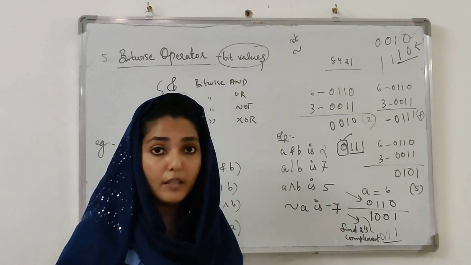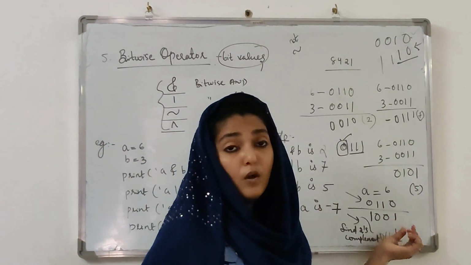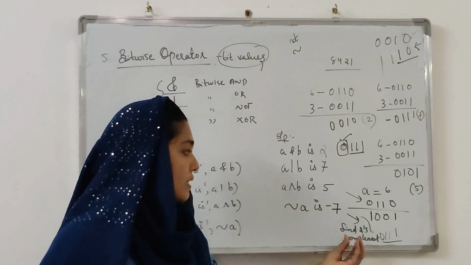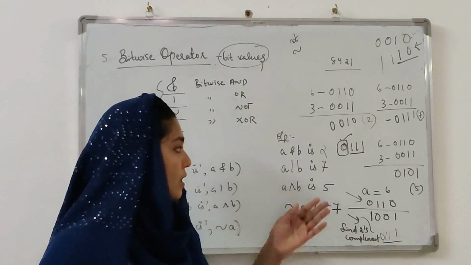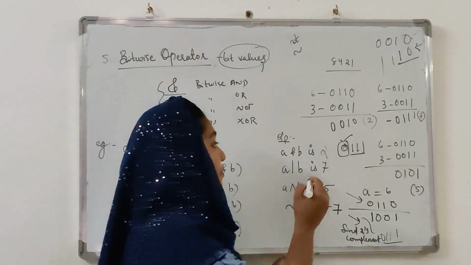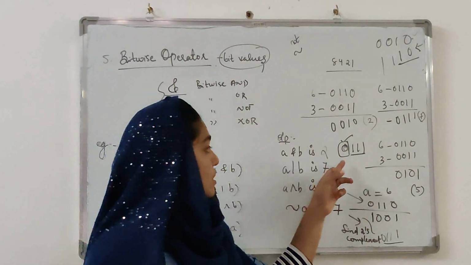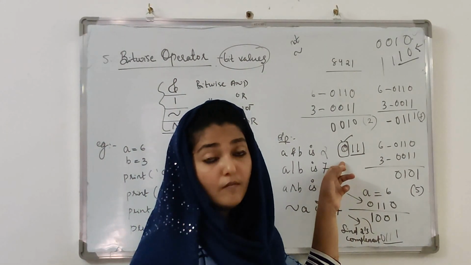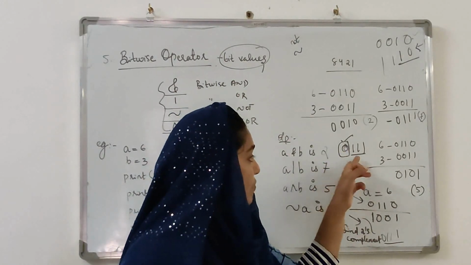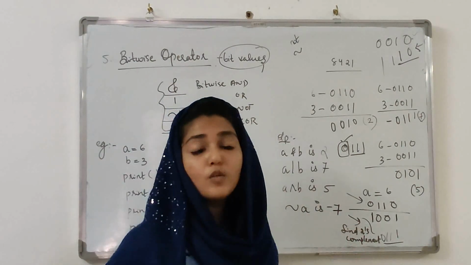In our binary number, copy up to the first one and then complement the remaining bits. Then we will get the 2's complement. So what is our final output? 0, 1, 1, 1. The first bit in our output denotes the sign of the number. So 0 means negative, 1 means positive. So 0 means negative and 1, 1, 1 means 7. So NOT A is equal to minus 7.